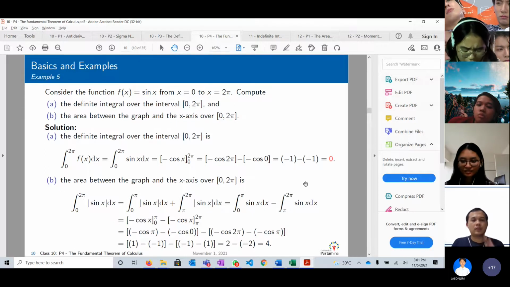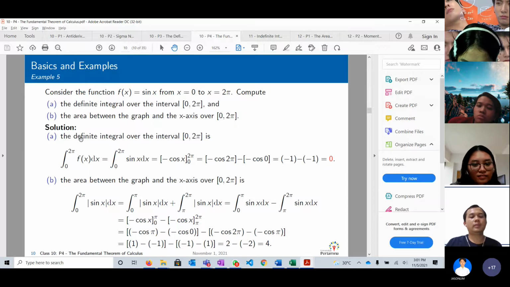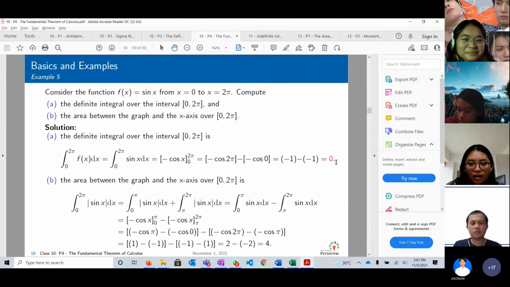This is another example. We have the function f of x equals sine x from x equals 0 to x equals 2 pi. Then if we are asked to compute the definite integral, we simply compute the definite integral like this, which results in the value 0.